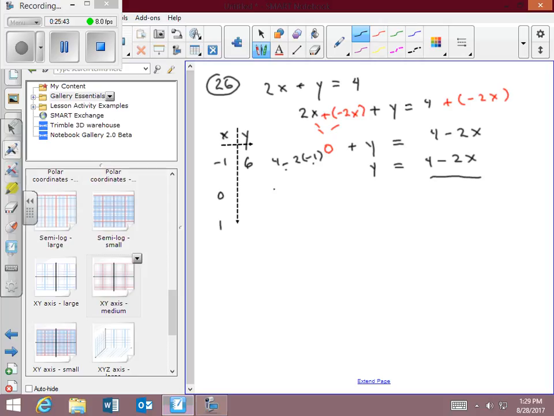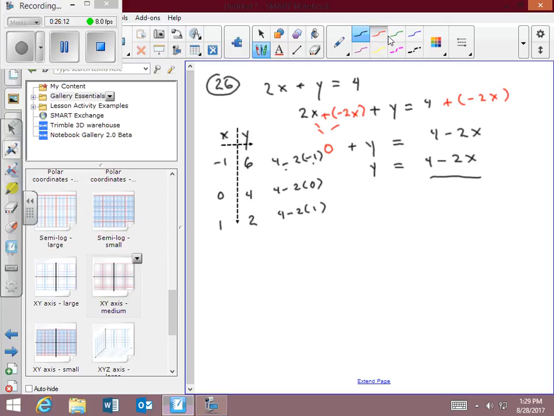Then we go 4 minus 2 times 0. 2 times 0 is 0, and 4 minus 0 is 4. Then we put 1 in place of the x. 4 minus 2 times 1. 2 times 1 is 2, and 4 minus 2 is 2.